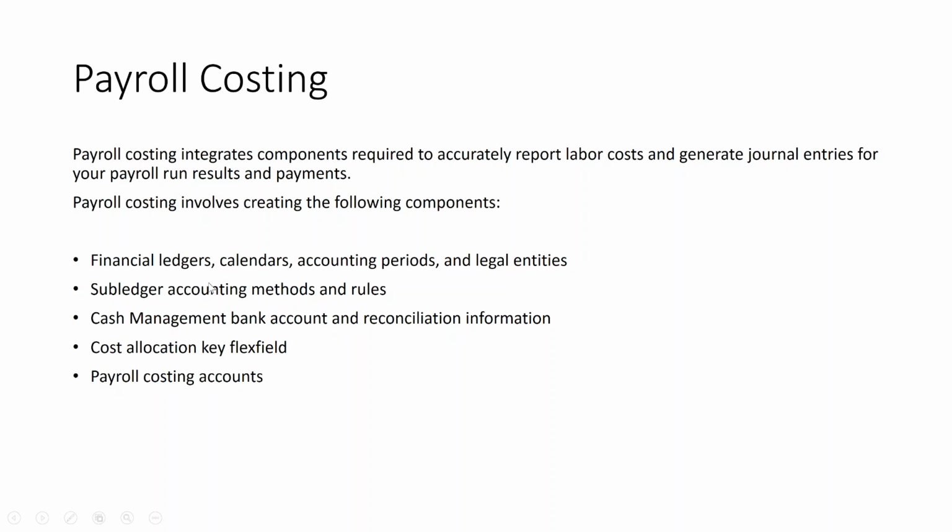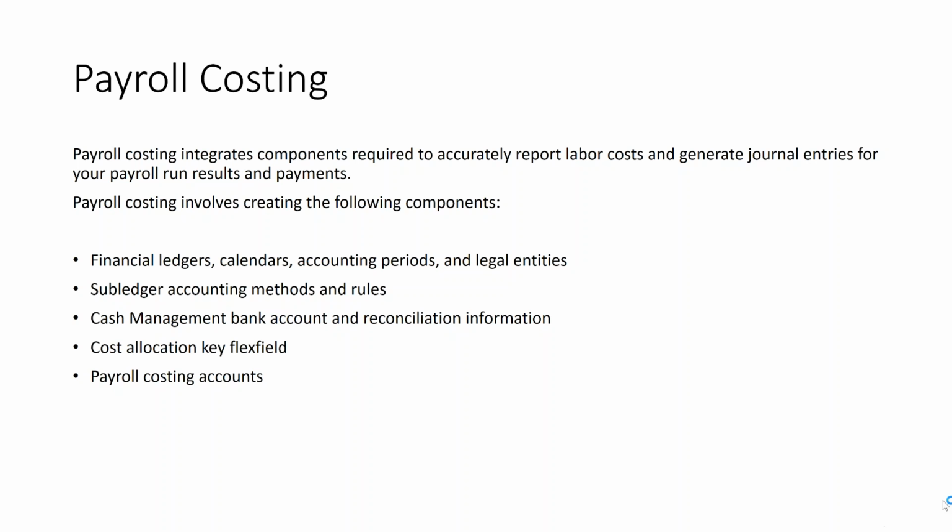Now here I have put together the components of payroll costing. There are 5 components. You don't need to worry about the first 3 components from the top because they are related to finance or cash management. The area of interest for payroll is the last 2, that is the cost allocation key flex field and payroll costing accounts.